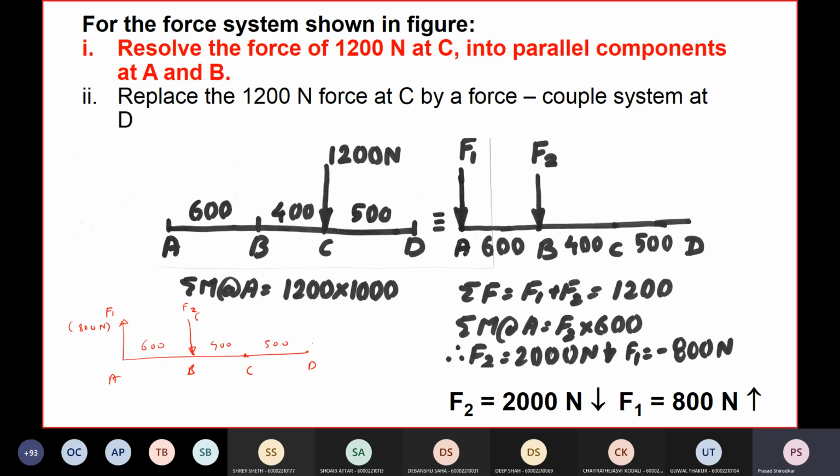And F2 is 2000. Okay, so this is the equivalent force system. Got it? Any questions? Simple, right?